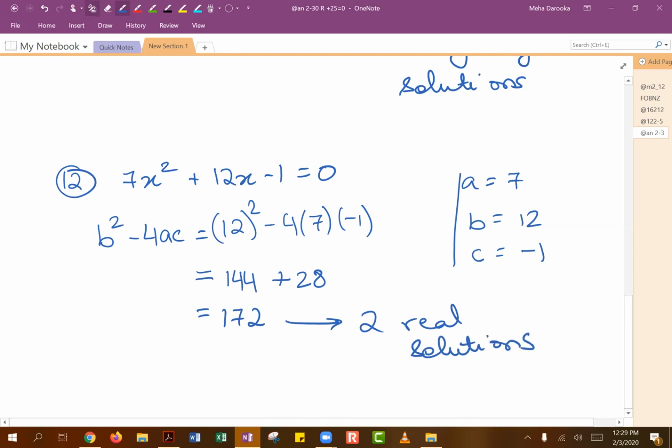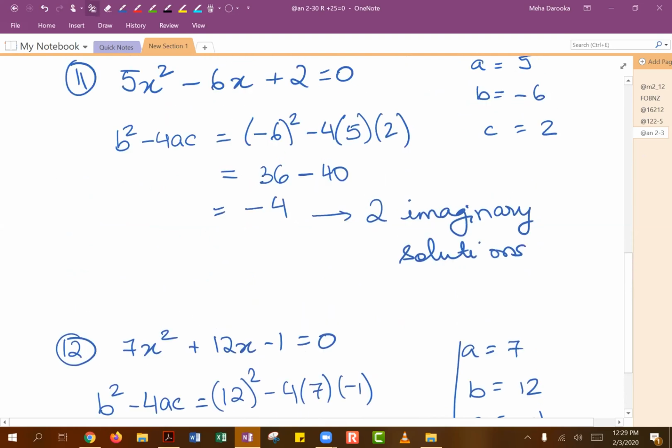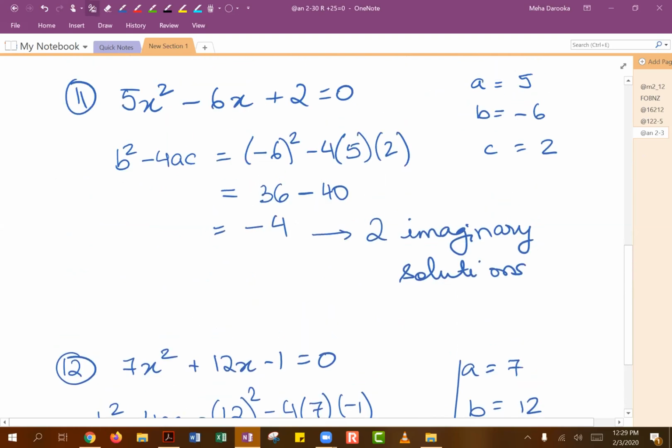Now, there's one thing I want you guys to be careful about. I kind of hate that my math lab does this. If they don't give you the option of 2 imaginary solutions, and I actually don't remember if it gives you that or not, but if you don't see the 2 imaginary solutions for this guy, you can also have 0 real solutions, because if it's not real, then technically you don't have real number answers, right?